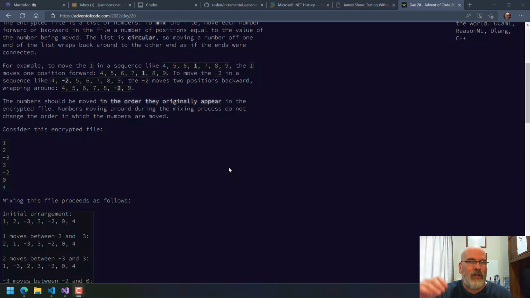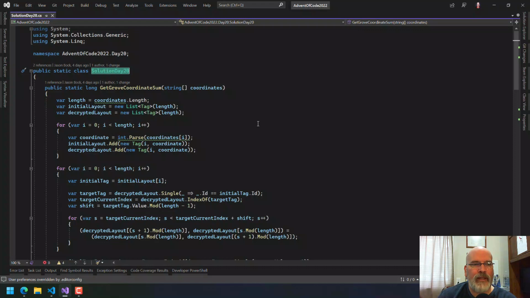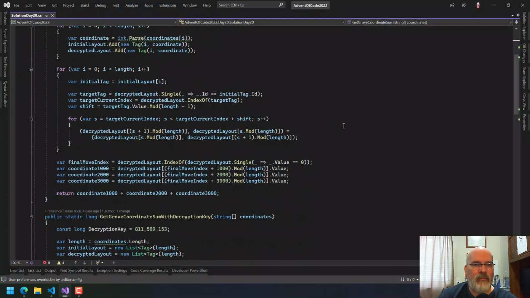So you had to be a little careful about keeping track of what the original sequence looks like to move the things around. The second part made things that much harder because you had to cycle a lot more or something like that. But the ending code wasn't too bad, because of moving things around and being able to look back at where it was in the original list.